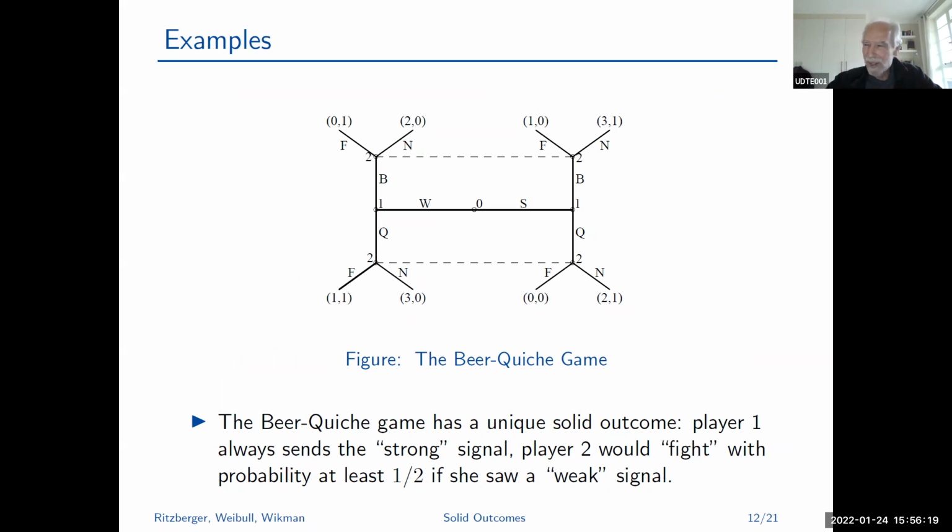In the beer-quiche signaling game, we just verify that our solution concept is nice, right? It picks the intuitive equilibrium where player 1 sends the strong signal and player 2 would always fight with at least probability 1/2 if he sees a weak signal, right? That's simply because in this game, there are two equilibrium components, one with index +1 and the other with index 0. Okay.